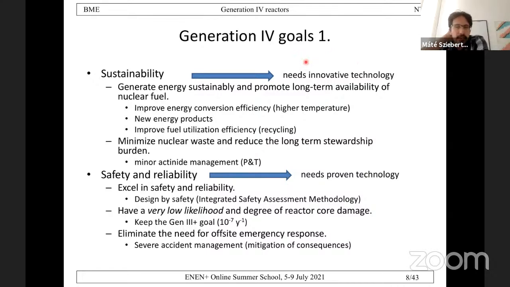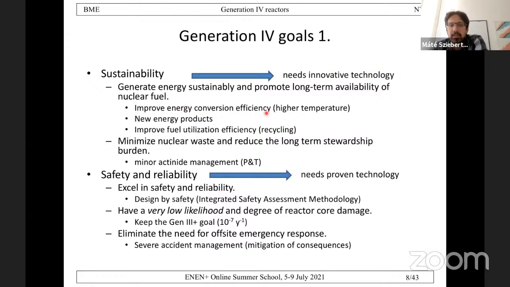As we saw yesterday in the nuclear fuel cycle presentation, in order to improve the fuel utilization efficiency, so the recycling of the used fuel, or to minimize the nuclear waste, so to recycle also minor actinides, there we need innovative technology, practically fast reactor technology.